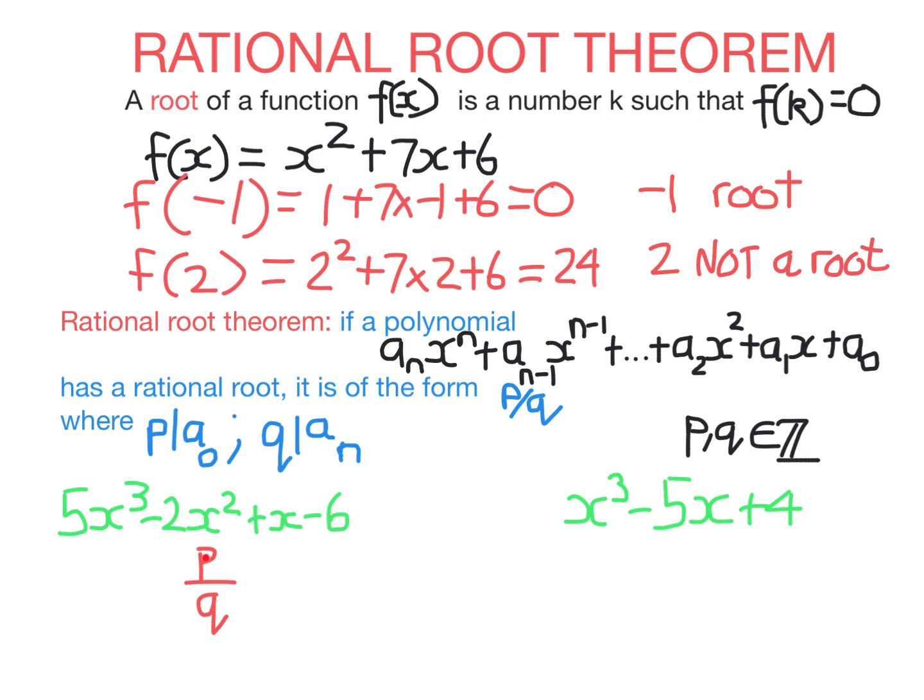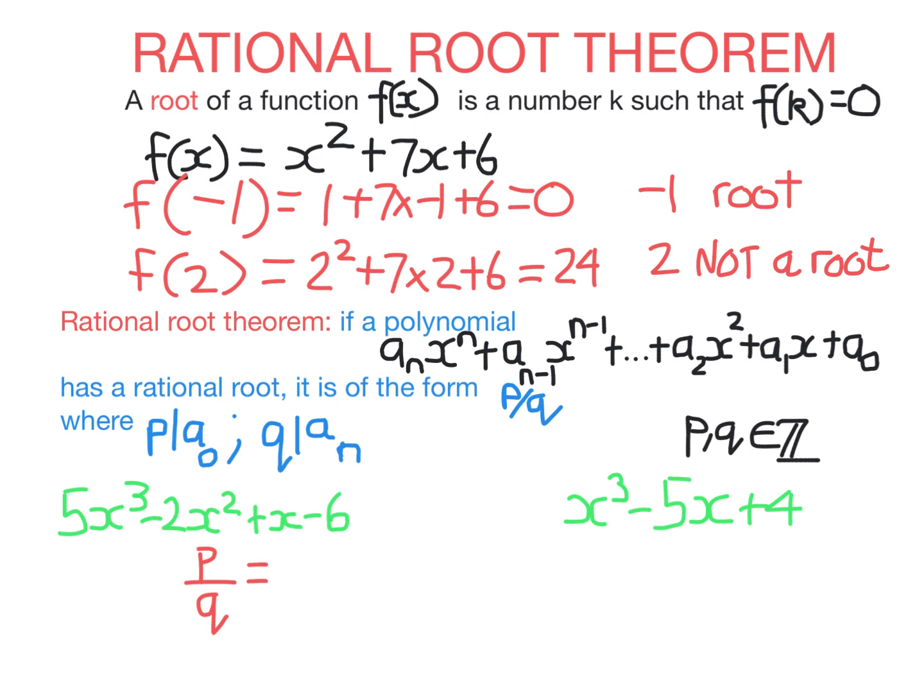So the choices for p here are positive and negative factors of 6. On the other hand, q has to be a factor of 5. So that really only leaves us positive or negative 1 and 5. So here are the possible choices.